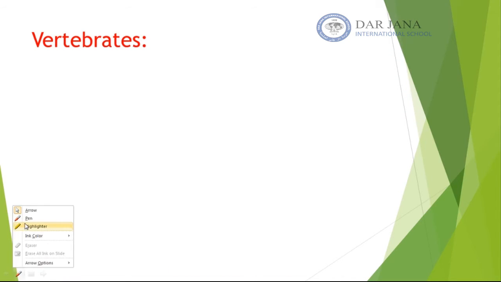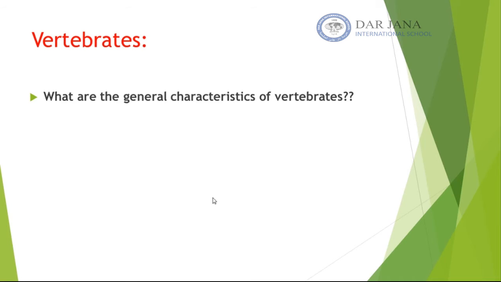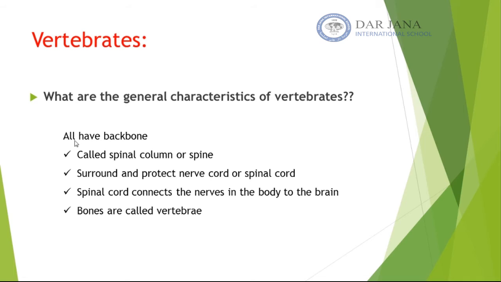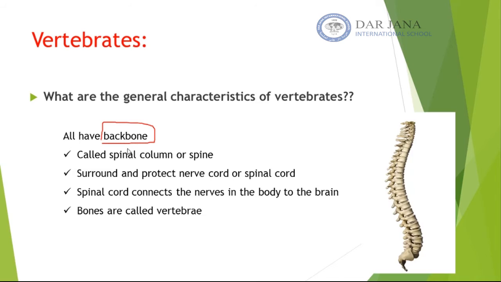The next part of the lesson are the general characteristics of vertebrates, or that are known as chordates, vertebrate chordates. So what are the general characteristics of vertebrates? We should know that all have what? A backbone. Okay? So all of them have a backbone. The backbone is made up of bones.